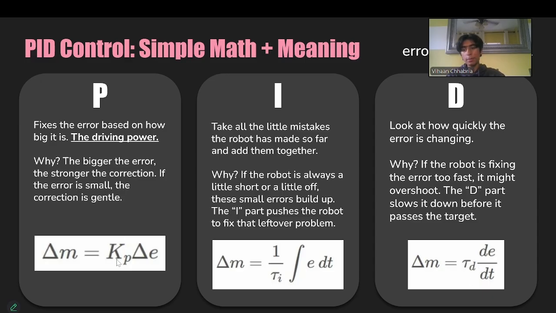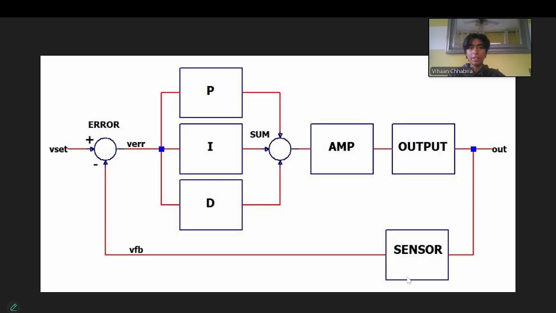Same thing as the Kp we had before, being 0.2, we tune it ourselves. And based on that, we multiply it by the change in E over the change in T. So what this means is the change in E, meaning the change in the error, over the change in time. What is that? That's the slope, right?